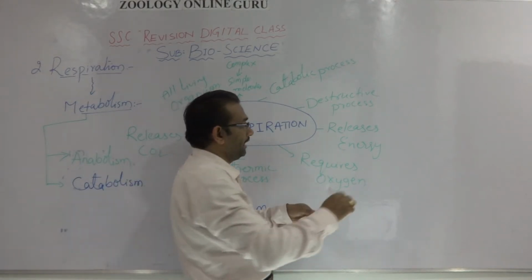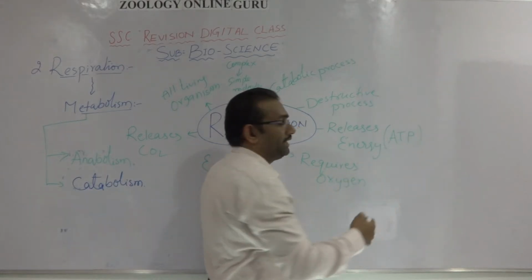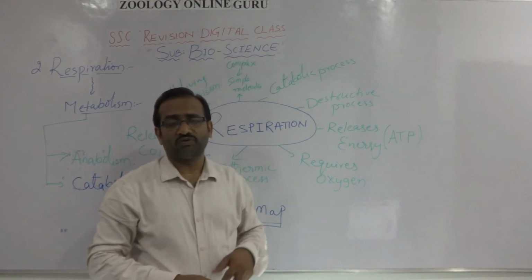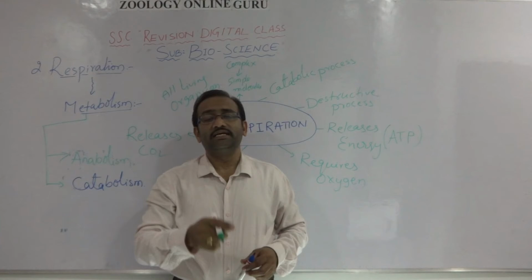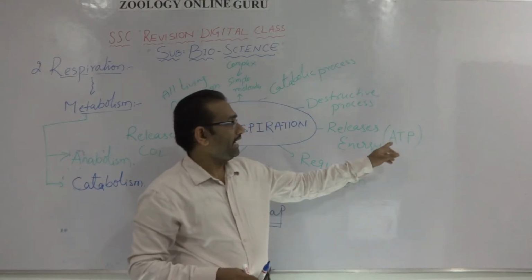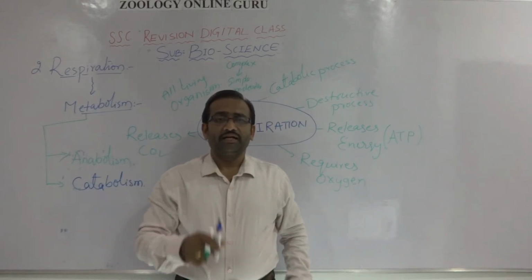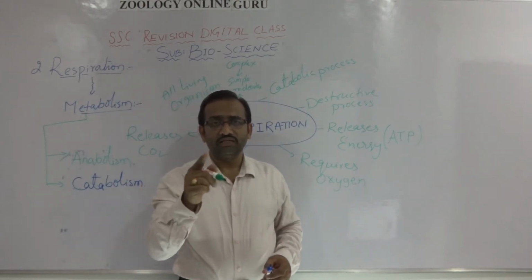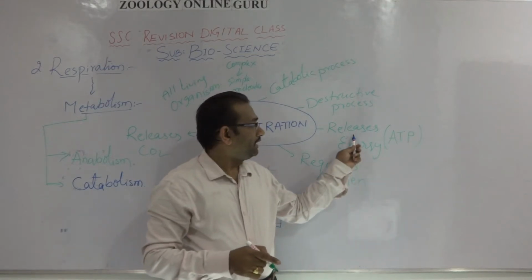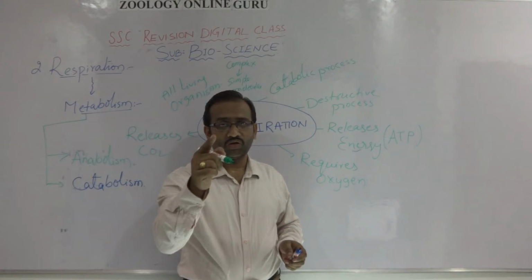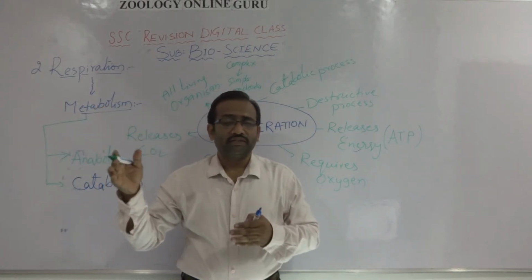In our body, the chemical form of energy in all living organisms, from bacteria to human beings, the only energy source is ATP. Most important for a 1 mark question: expand ATP. Adenosine triphosphate. Adenosine triphosphate is the only energy source in all living organisms, from bacteria and viruses up to mammals or human beings.